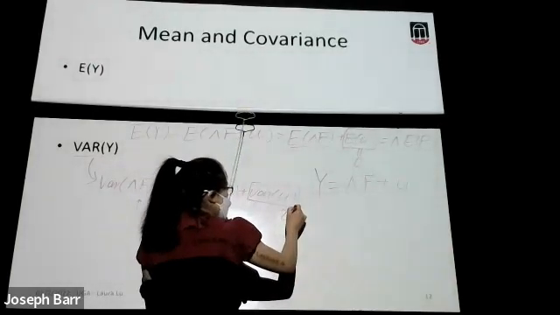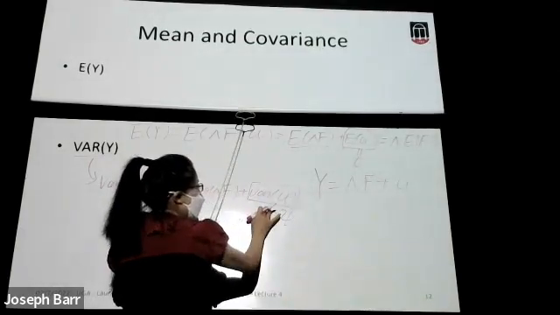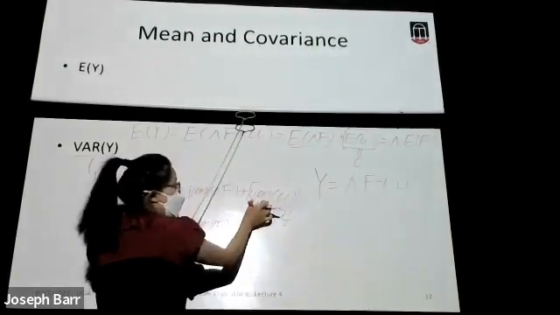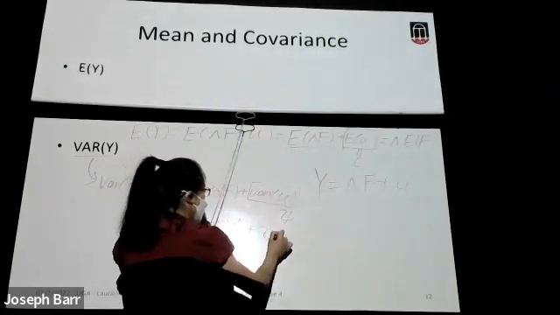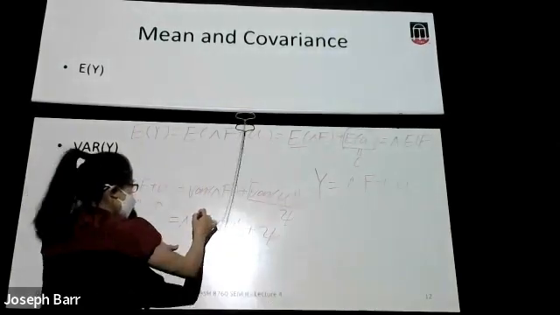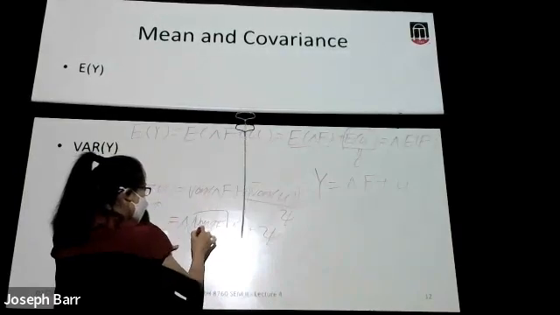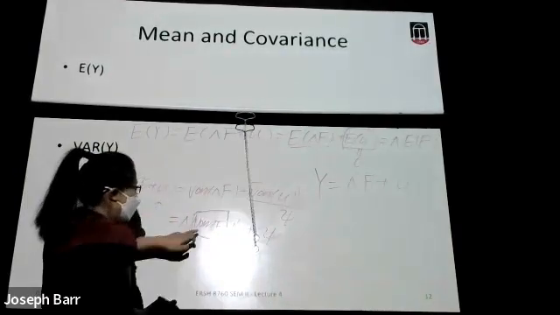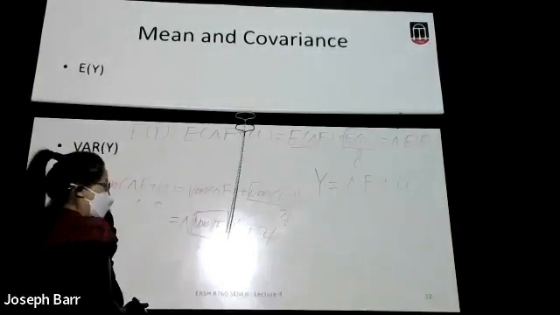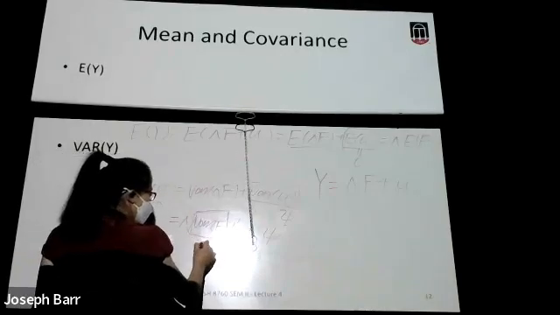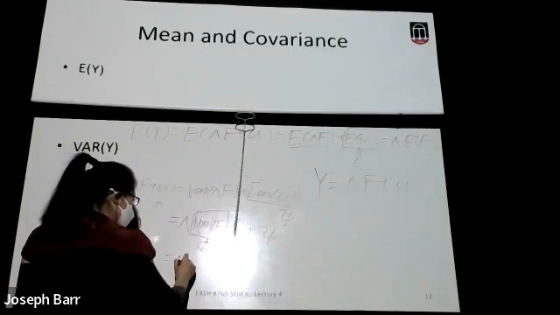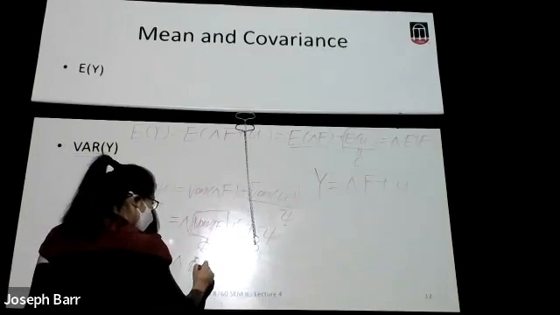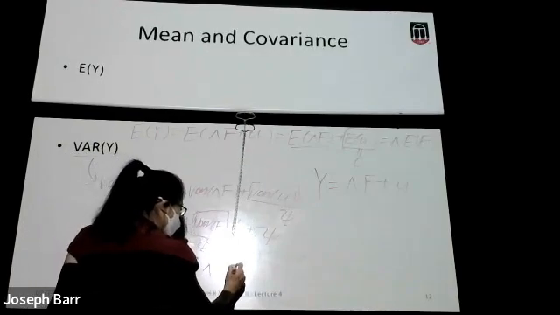We assume the covariance matrix, the variance matrix of U, the unique part, is psi. Now, what is this? This is the variance of the common factors. We assume it is phi, okay? So finally, we have lambda times phi times transpose lambda plus psi, okay?